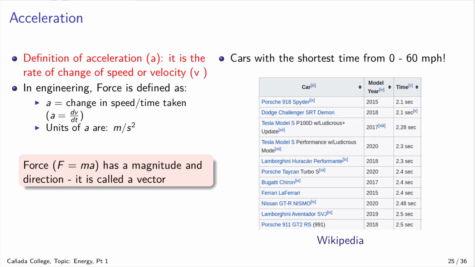Okay. So one thing to remember here is that in our definition of force, what I have not mentioned is that force has a magnitude and a direction. Okay, and it is something known as a vector quantity. Vector quantities are engineering quantities that have both magnitude and direction.